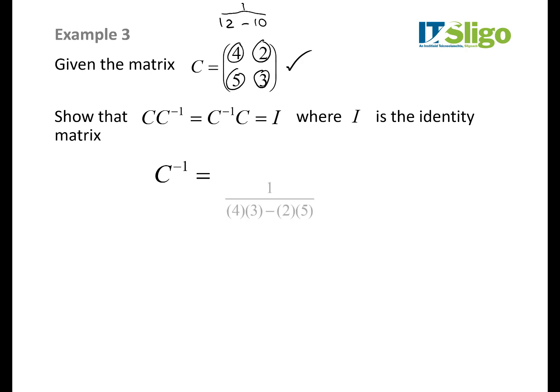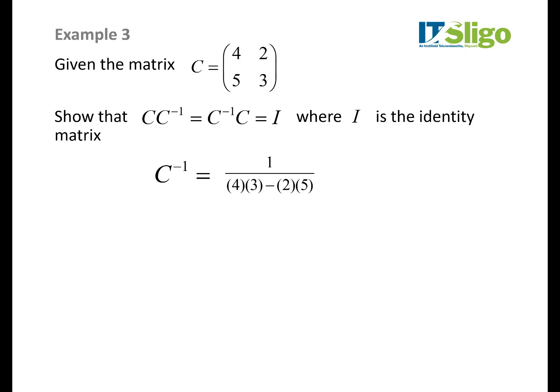I'm looking for 1 over that. Then I want to adjust my matrix, swap the 4 and the 3, and then change the signs on the 2 and the 5. Remember, don't swap the 2 and the 5, they stay in position, we just change their sign.